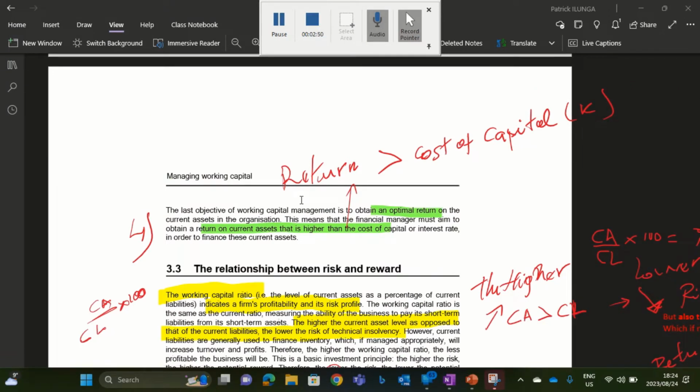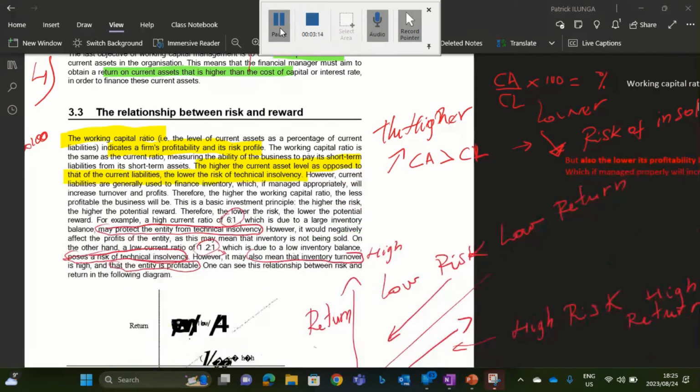We need to be able to get a return that is higher than the cost of capital. So it is the objective of the business to invest into projects that will return a profit that is higher than the cost of capital.